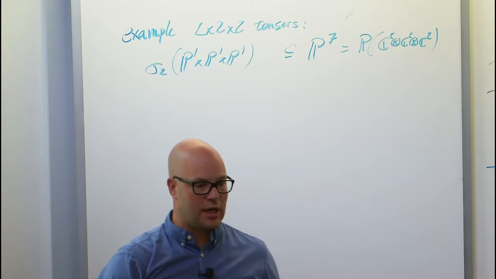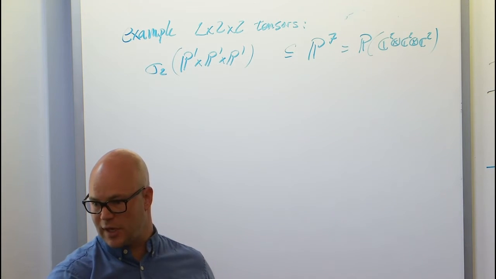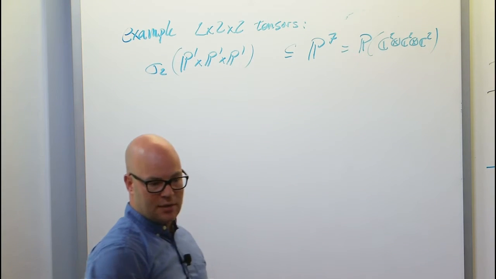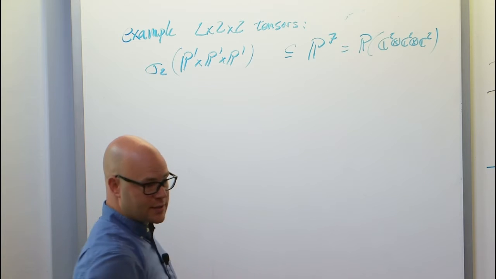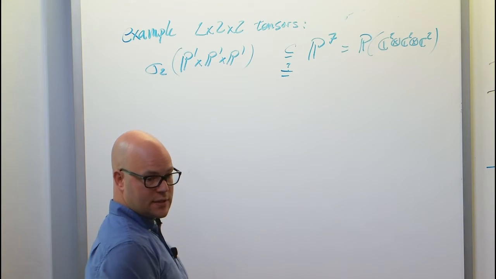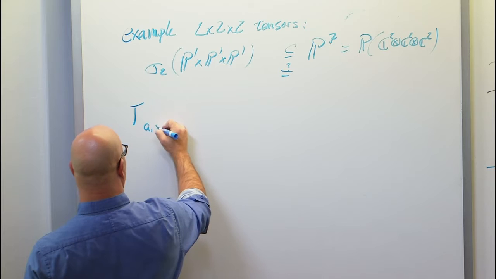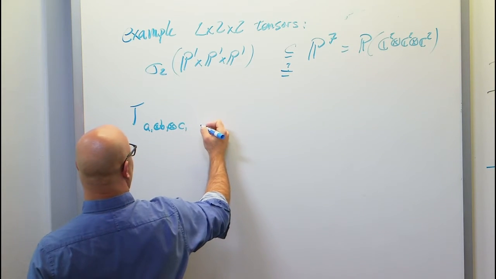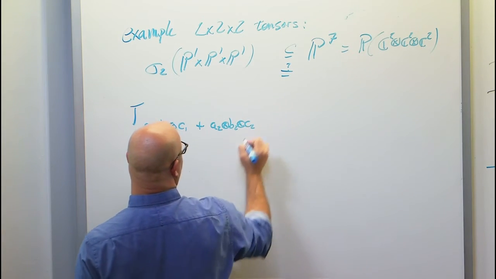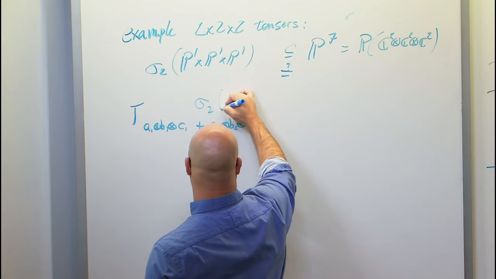First of all, there are tensors of rank 2. Rank 1 tensors don't fill up the whole space, right? Because the rank 1 tensors are just 3-dimensional, but I'm inside of P7, and P7 is 7-dimensional, so rank 1 isn't filling. But I want to know, can I prove that these are equal? They are actually equal, so let's compute the tangent space at A1 tensor B1 tensor C1 plus A2 tensor B2 tensor C2. Trust me, this is a general point on the secant variety.